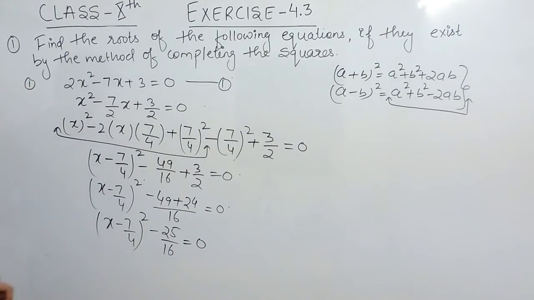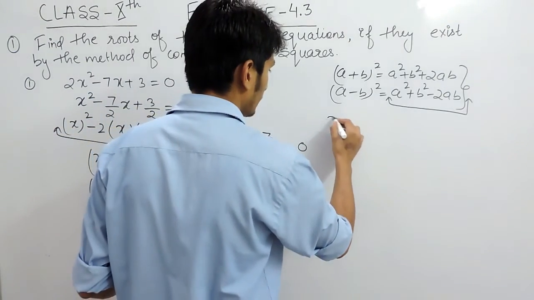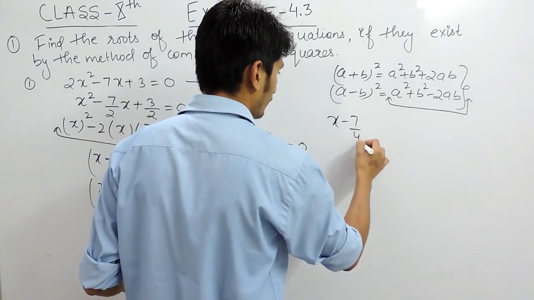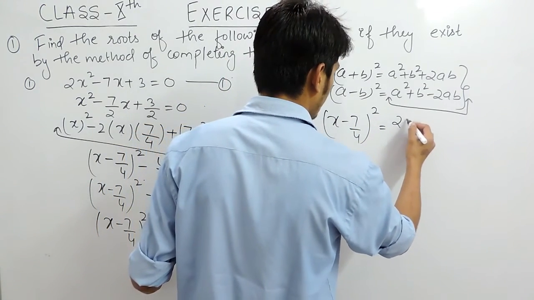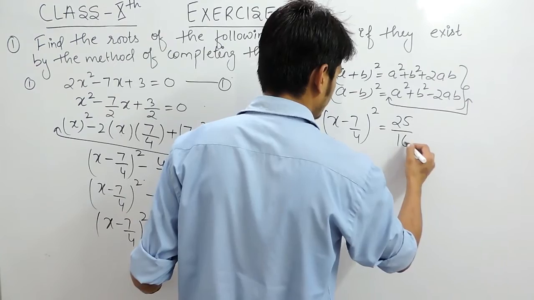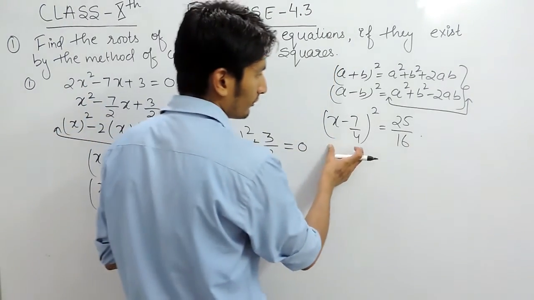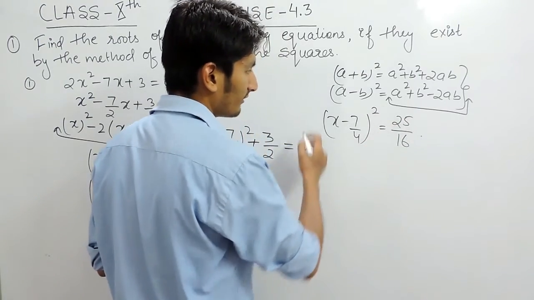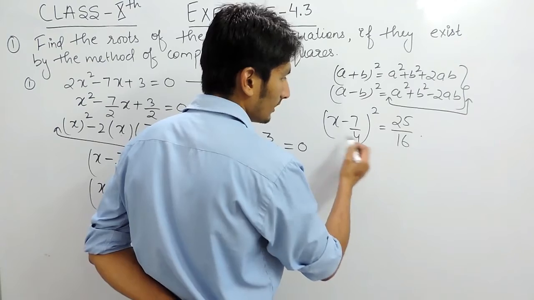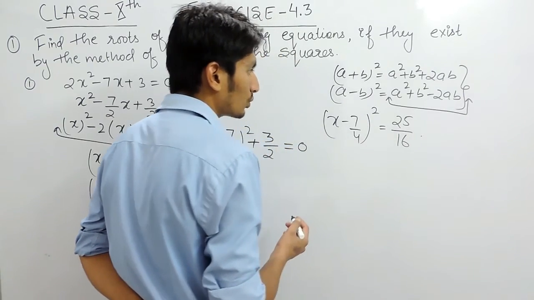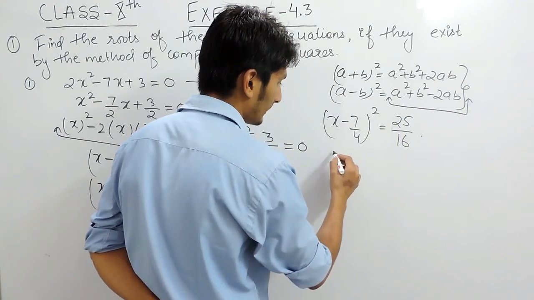Now we can shift this constant to the other side, so our equation will become x minus 7 upon 4 whole square equals 25 upon 16. Now we know that if we want to remove the square, we have to take the square root of both sides, so that square root and square cancel out.